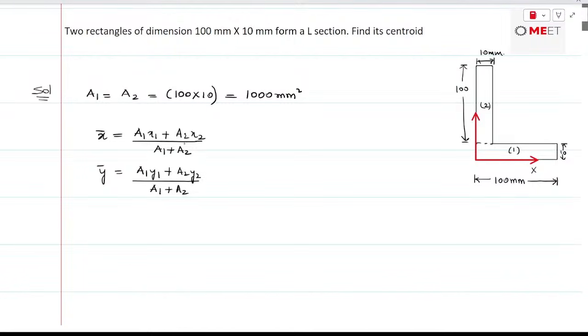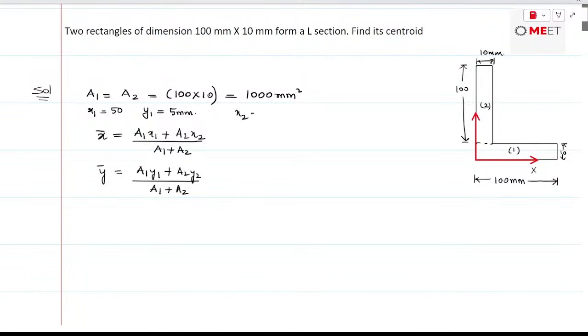Now the centroidal coordinates for area 1 and area 2 are to be written. Let's say x1 and y1 are the centroidal coordinates of area 1. For area 1, x1 is 100 by 2, which is 50, and the y coordinate will be 5 mm.